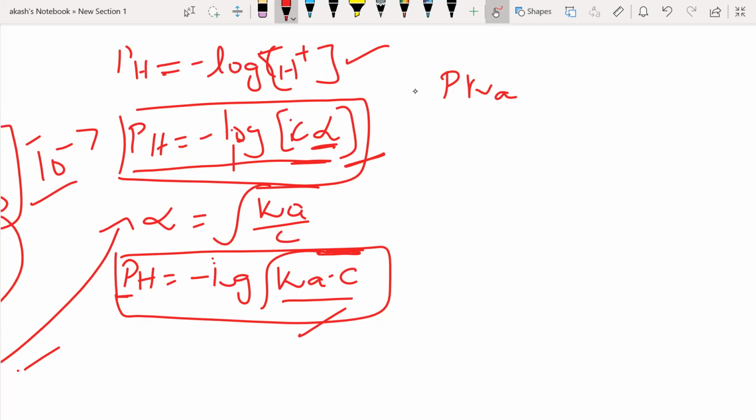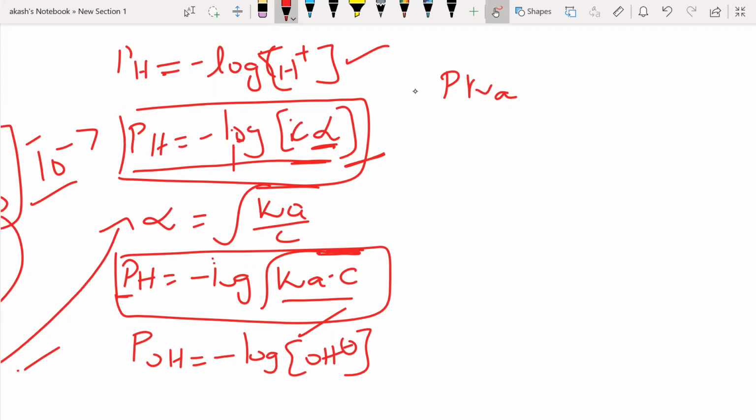Oh, I forgot to tell you that. There's also something called pOH. pOH is again very similar to pH. It's nothing but negative log of concentration of OH minus ions.